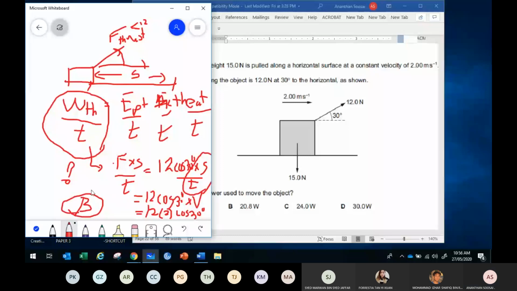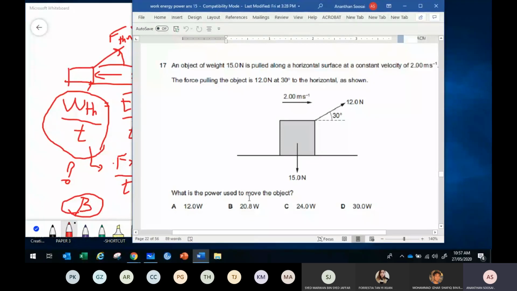In this case, we know the EP is 0, no gain in EP. EK also 0, no gain in EK. That means all the work is converting to heat. So the power of the thrust is equal to the rate of heat dissipation. If the question instead asked, what is the rate of heat generation?